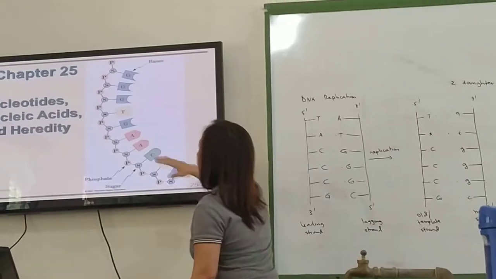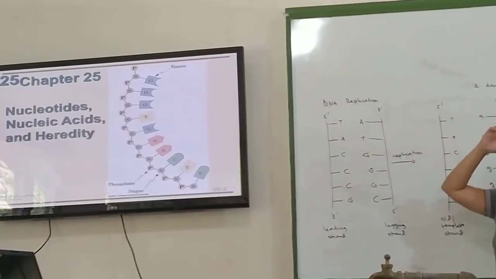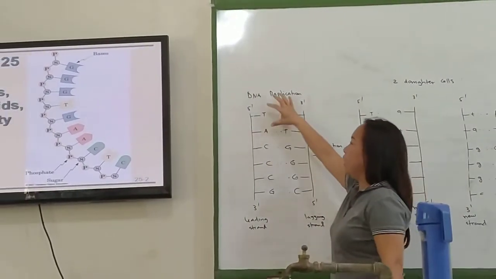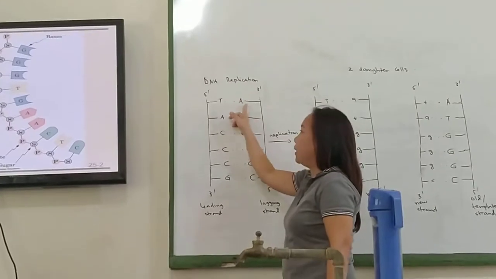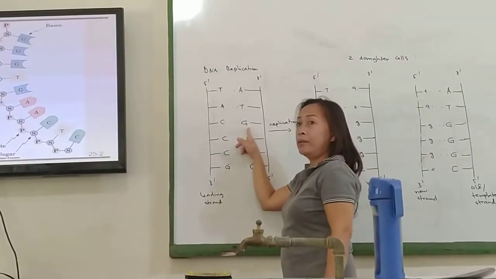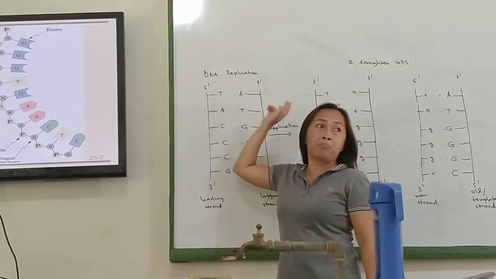Here you have the nitrogenous bases. Another difference of DNA from RNA is that DNA has thymine, which is paired with adenine, and cytosine paired with guanine, and vice versa. There is no other pair.